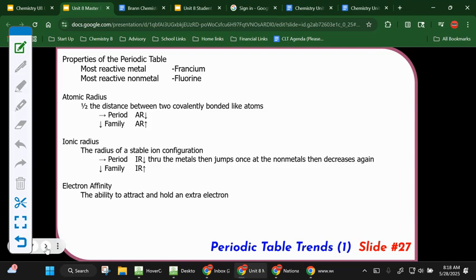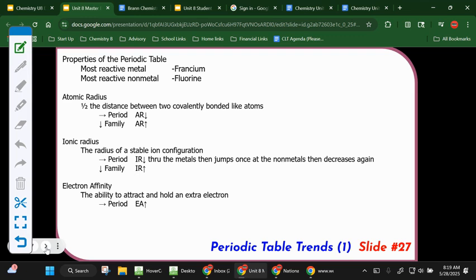Nonmetals. Nonmetals are good at this. What elements are bad at this? Metals and noble gases. Okay? Metals and noble gases are not good at this.